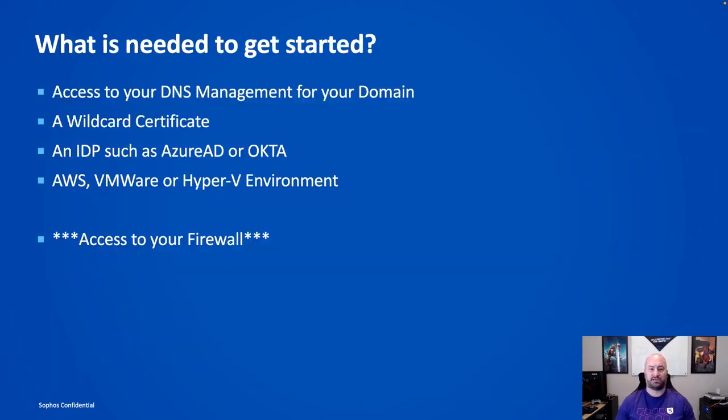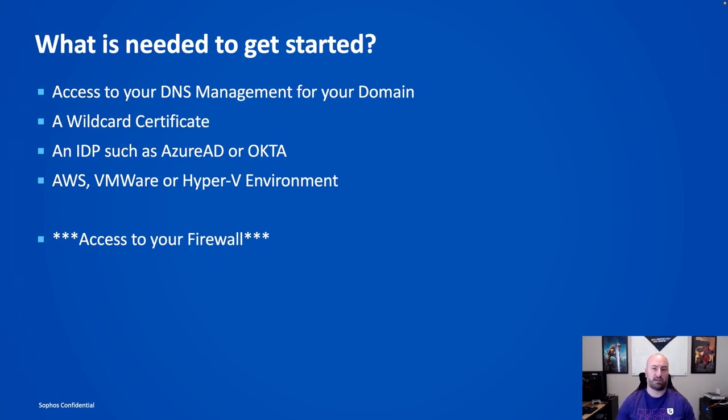So what is needed to get started on this journey? First, you're going to need access to your DNS management tools for your domain. You will need a wildcard certificate, whether that's a purchased wildcard, or you use Let's Encrypt, but you will need a valid wildcard certificate in order to do this. You will need an IDP, and we support today both Azure and Okta, with more to follow in the future.